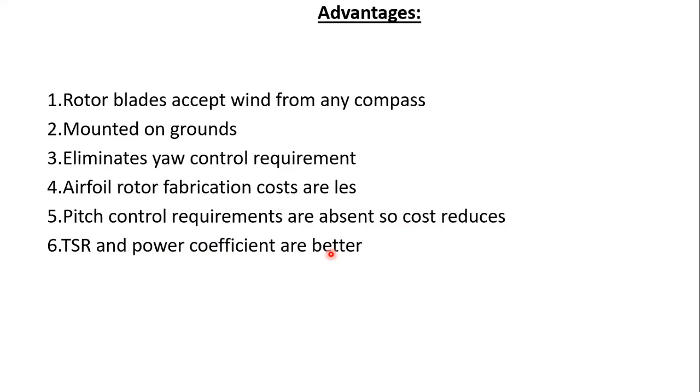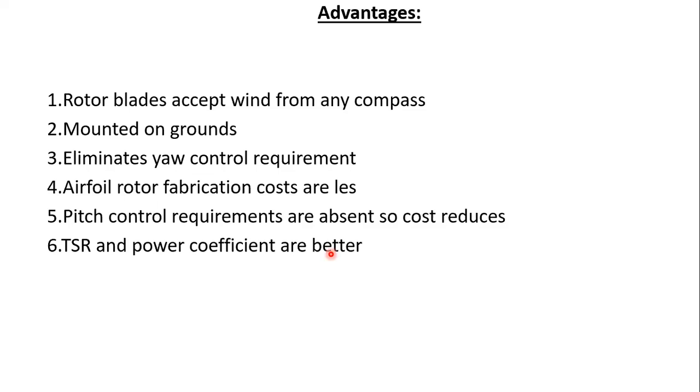That means the Darrieus rotor is more efficient, and the tip speed ratio is higher when compared to Savonius rotors. Savonius rotor only has low power coefficients and TSR values. So when compared to that, these are higher.